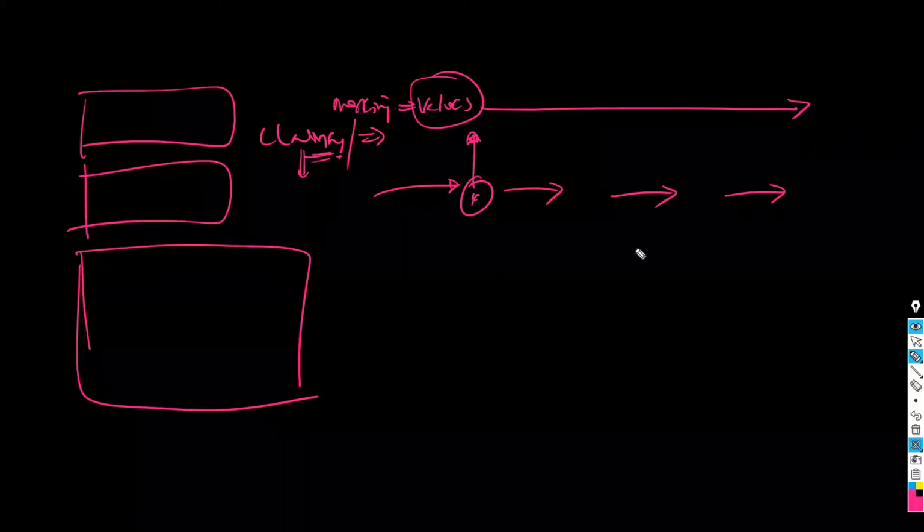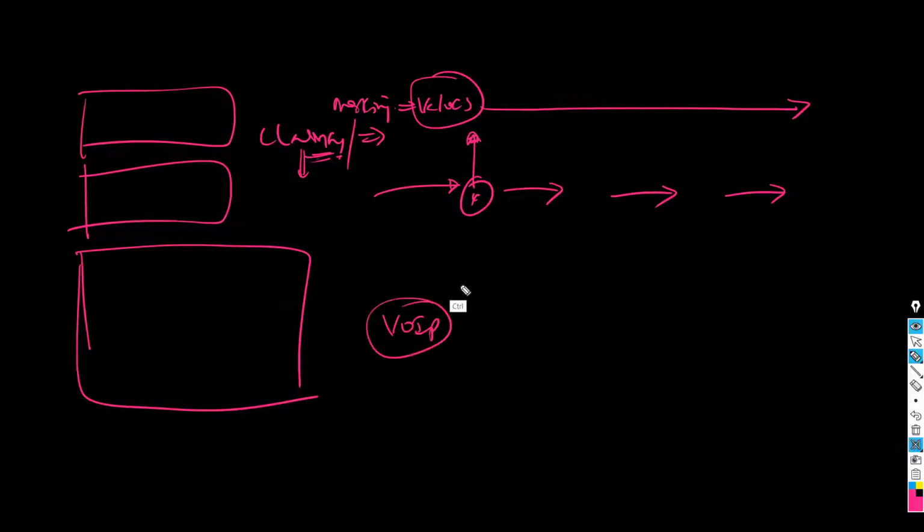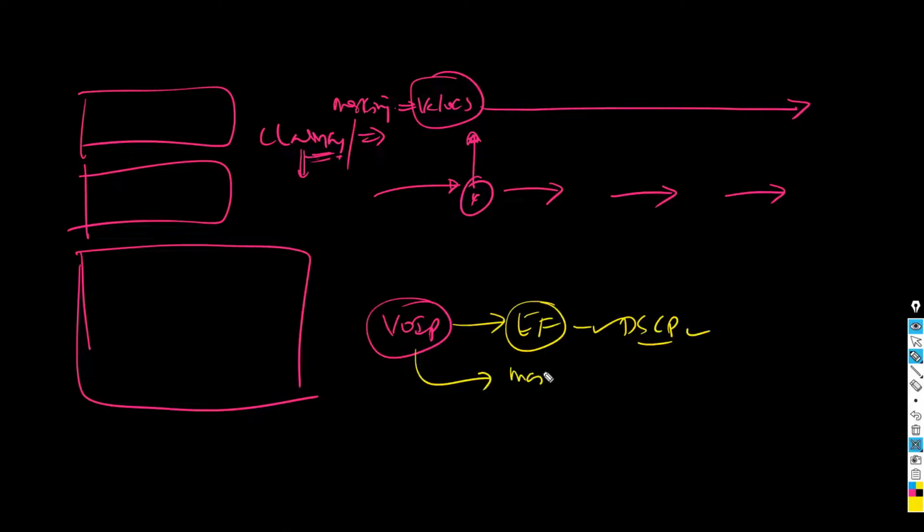Because you always want your VoIP traffic to be treated as high priority. So I'm going to give a marking value, something like EF. We'll see this, there is a DSCP value, a marking value. Or I'm going to say the marking value of 5, which again tells that it's high priority traffic.